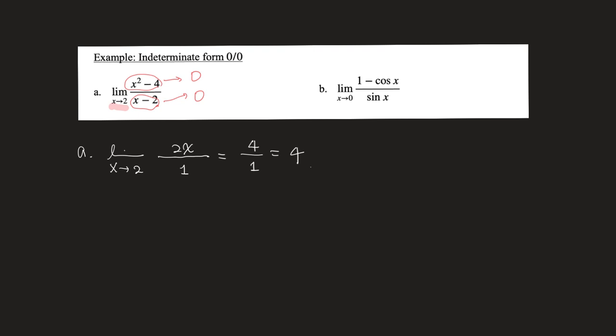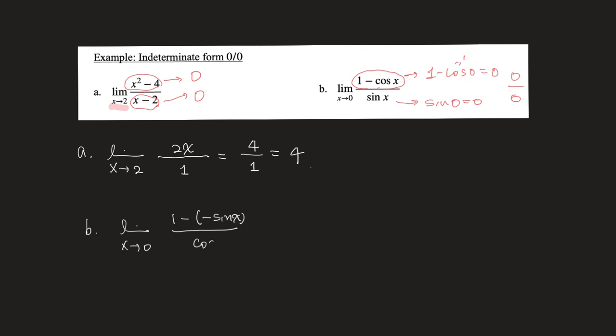So you check the indeterminate form first. Let's go to the second one, as x approaches 0. The top goes where? 1 minus cosine 0. Cosine 0 is 1, so 1 minus 1 is 0. The bottom is sine 0, which is 0. This is a 0 over 0 form, so we're going to use L'Hopital's rule on this limit as x approaches 0. The derivative of 1 minus cosine x is negative of negative sine x, so sine x. The derivative of sine is cosine x.